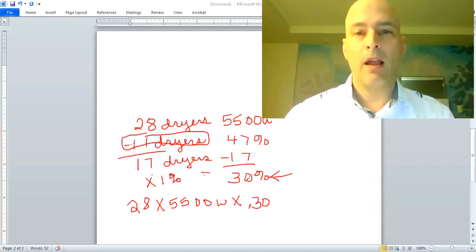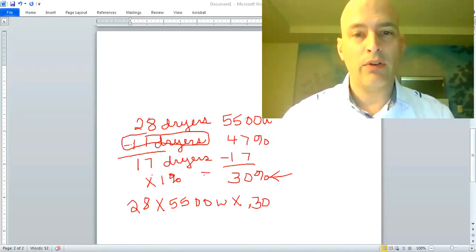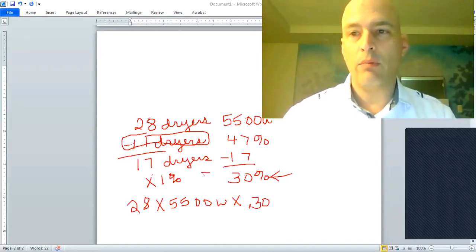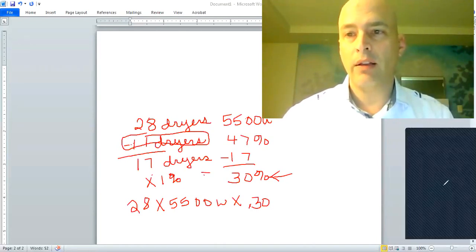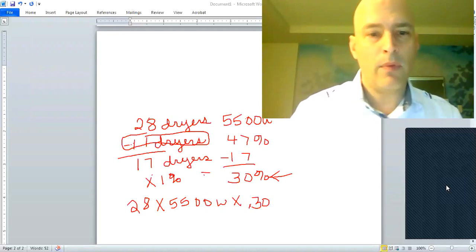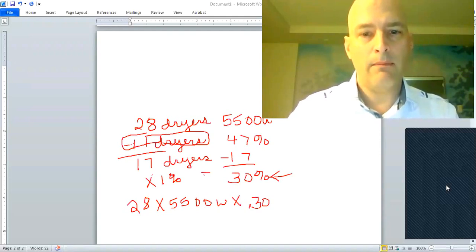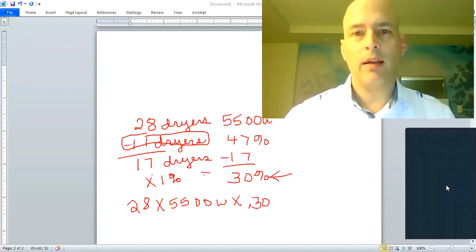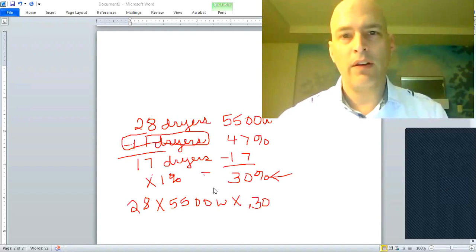Okay, just to give you a complete answer there, let me just do it real fast. If you're calculating, do it with me as you're doing it there at your home. So 5,500 watts per dryer, I would have a total of 28. That would give me a connected load of 154,000 total watts.